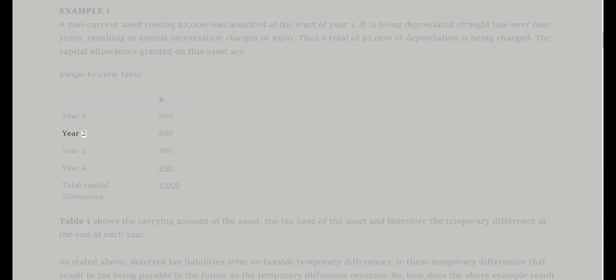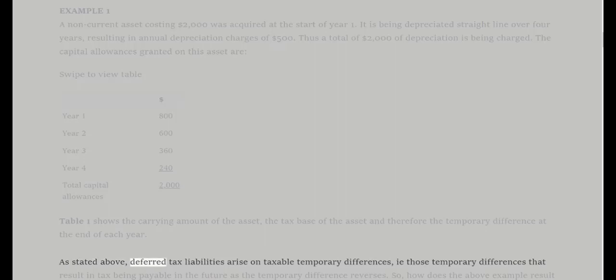Year 2, $600. Year 3, $360. Year 4, $240. Total capital allowances, $2,000. Table 1 shows the carrying amount of the asset, the tax base of the asset, and therefore the temporary difference at the end of each year.